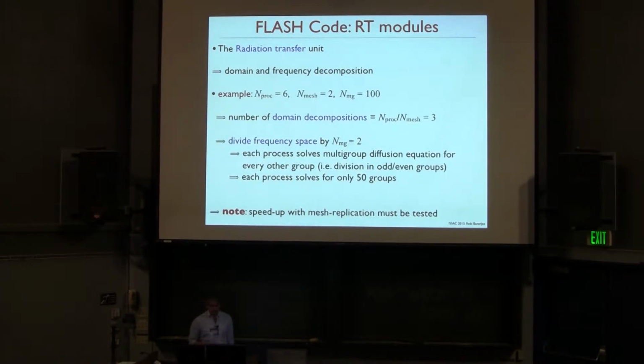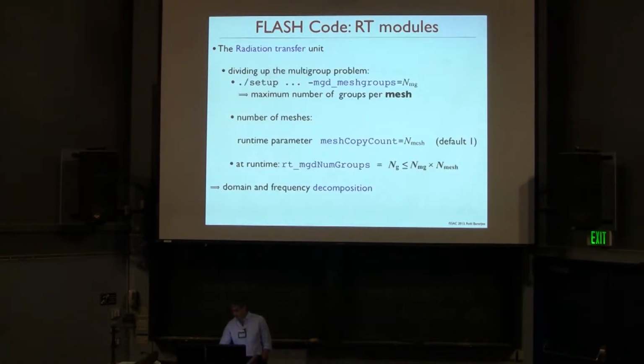So here's an example, assuming we have 6 processors which we can use, and in total 100 groups, 100 frequency bins we want to use, and we copy our mesh by using a mesh count of 2.